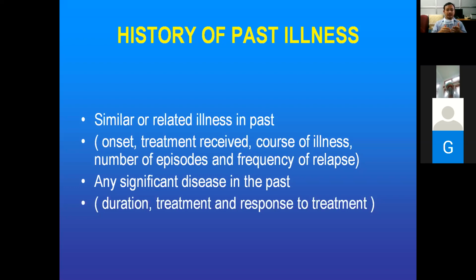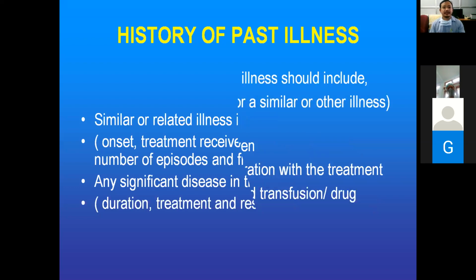In case of CNS diseases, if the child had any convulsions previously, this must be recorded in the history of past illness. In case of respiratory symptoms, if the child had any wheezing or recurrent respiratory tract infection previously, these should also be recorded in the history of past illness.